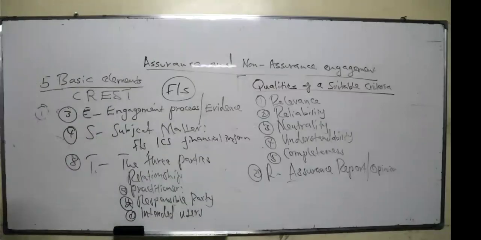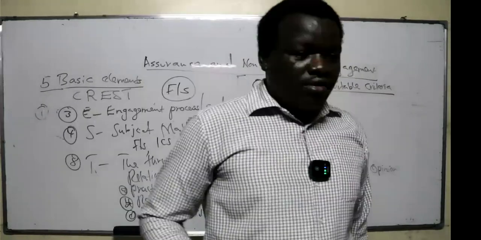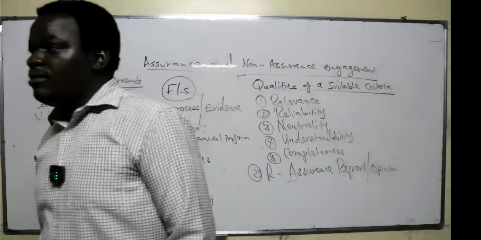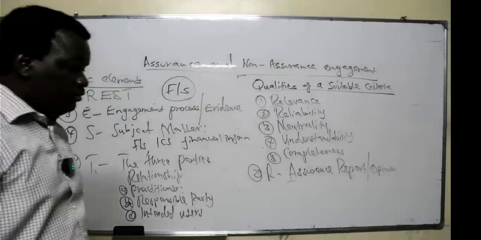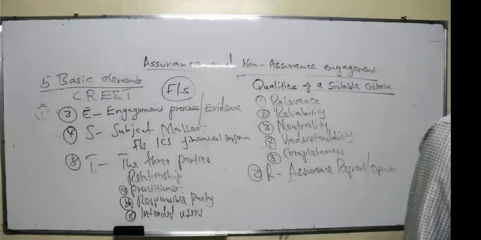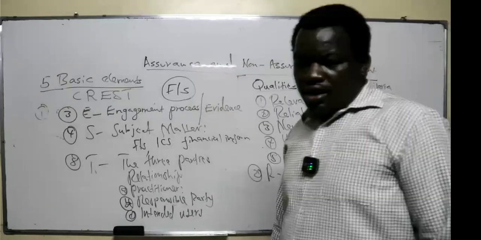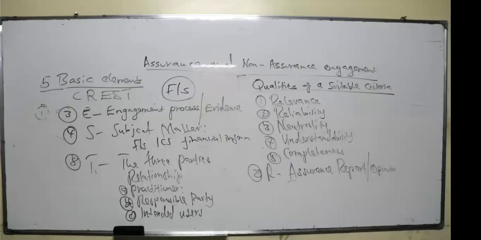So if you work with an audit firm, or if you had an opportunity to engage an audit firm, in the area of financial statements and reporting, we have a number of services being offered, either in the form of advisory, accountancy, taxation, etc. Such kinds of services constitute what we call assurance services.